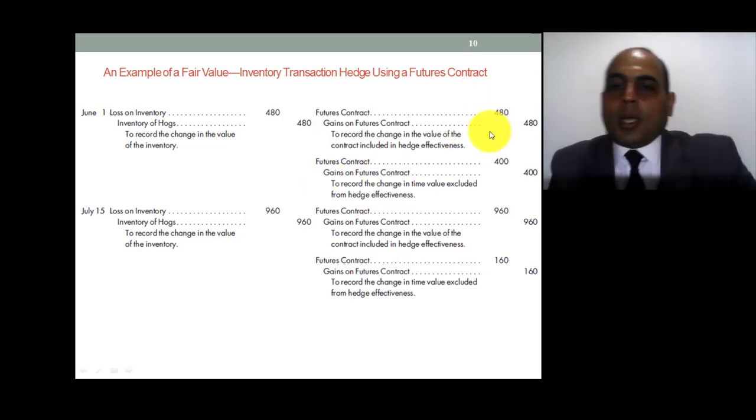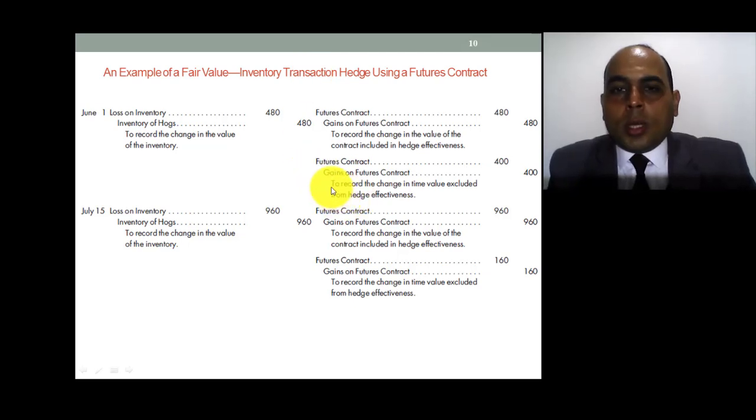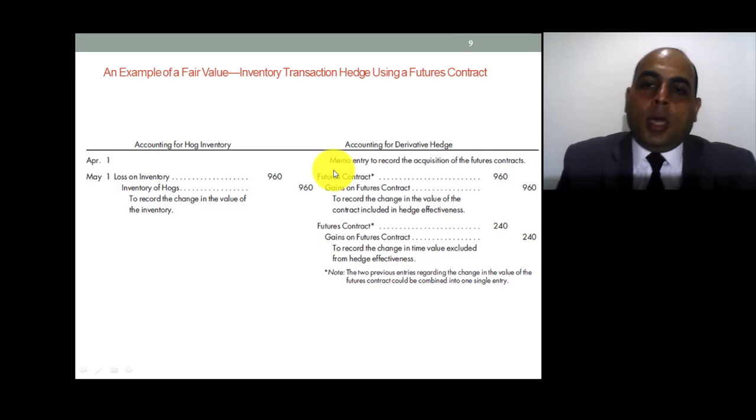Or you can record these two entries as one entry, debiting future contract and crediting gain on future contract by 880, instead of recording it as separated entries.